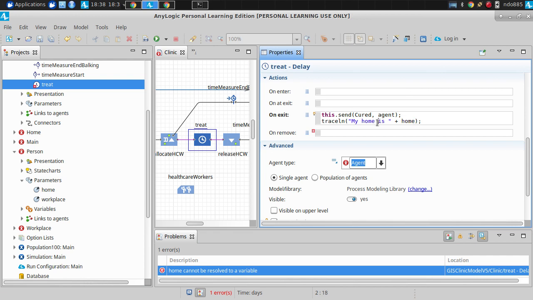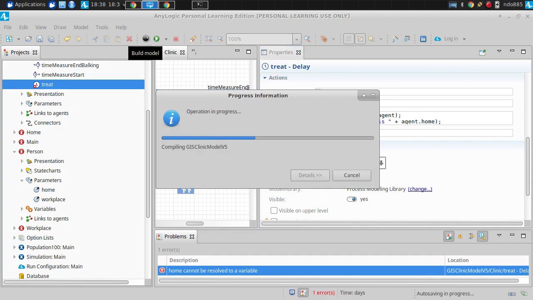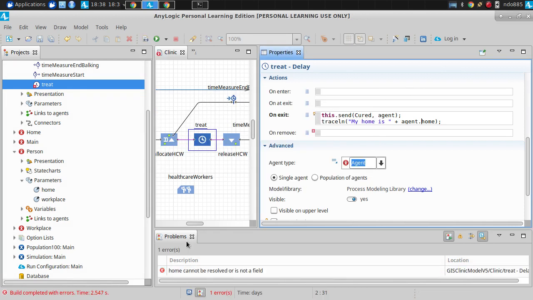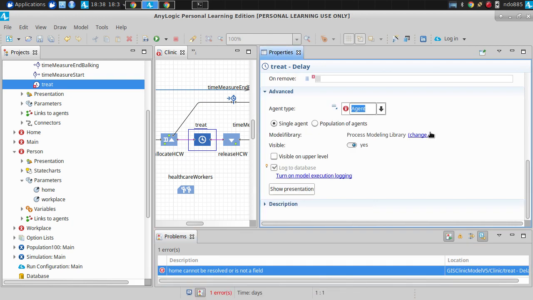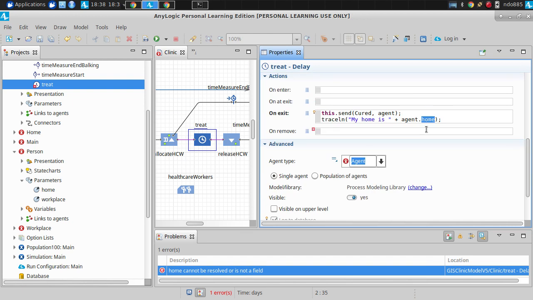I might say, well, agent.home. Okay, fair enough. Agent.home. There we go. By the way, the name of the person flowing through is agent. So if I said, well, okay, it's agent's home, right? After all, it's going to say home cannot be resolved or is not a field. And you might say, well, wait a minute, it is a field. I mean, it's a field of the person, and the agent is a person. But it doesn't know the agent is a person.